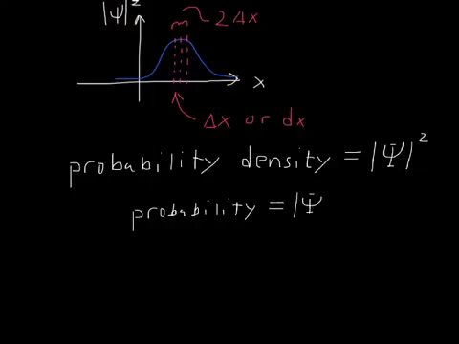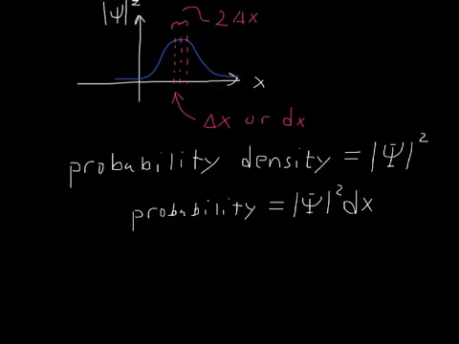And we'll just use an infinitesimal distance, because technically the wave function could be changing very rapidly, so you have to really zoom in on a region of space that's small enough so that the wave function is more or less constant over that region to be able to say that probability is the wave function squared times distance.